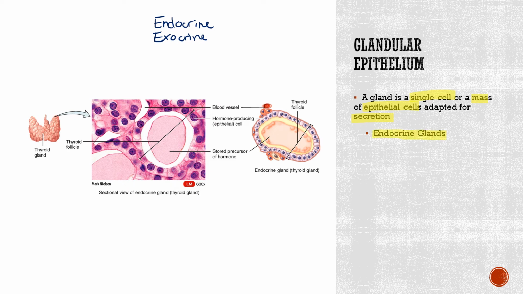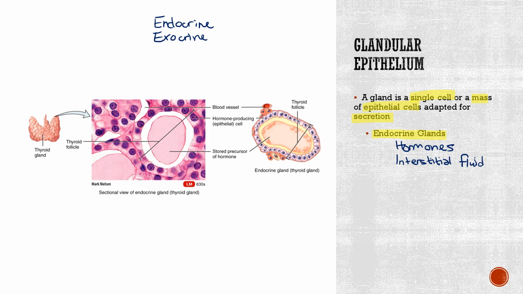Endocrine glands will secrete hormones into the interstitial fluid. They will not secrete hormones directly into the bloodstream, but into the interstitial fluid around them, and then those hormones will diffuse directly into the bloodstream, and they do so without flowing through a duct.